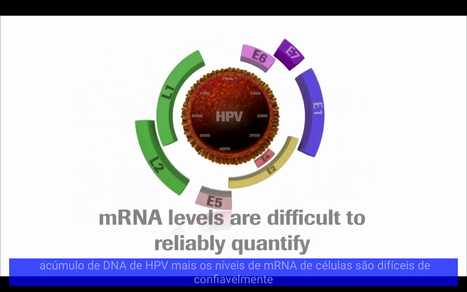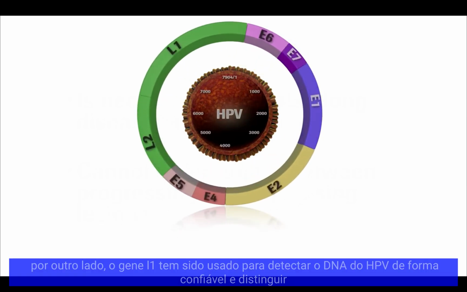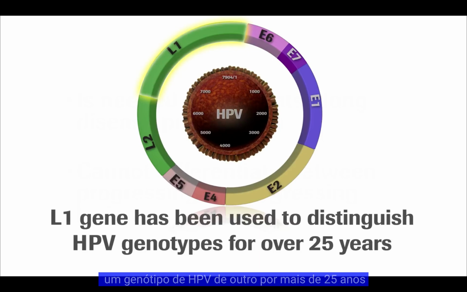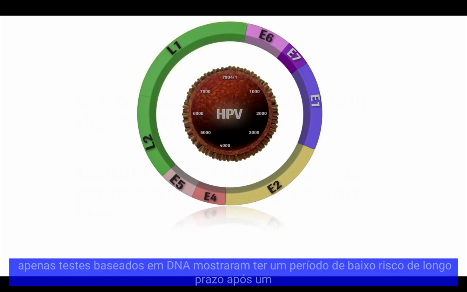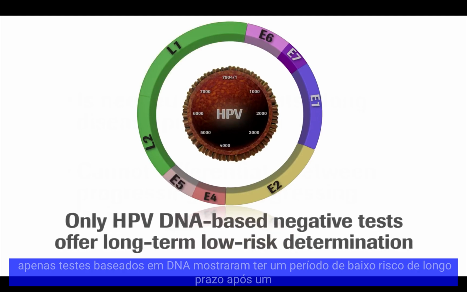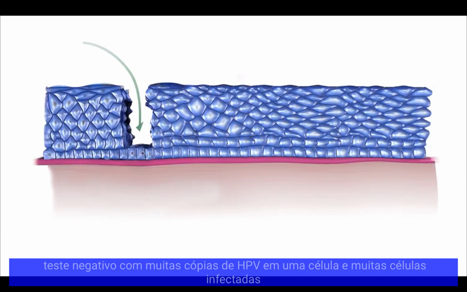mRNA levels are difficult to reliably quantify and therefore present a more challenging diagnostic target. On the other hand, the L1 gene has been used to reliably detect HPV DNA and distinguish one HPV genotype from another for over 25 years. Only DNA-based tests have been shown to have a long-term, low-risk period after a negative test.